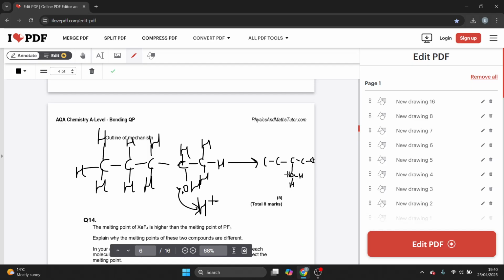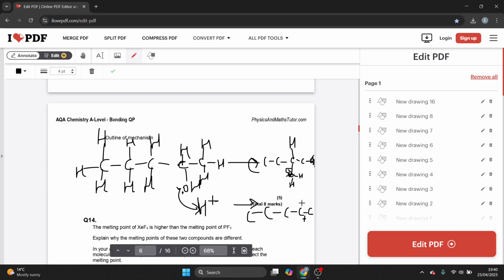Protonated means positively charged. And then you go from the middle of the C-O bond to the oxygen which is positively charged. Then that is a positively charged carbon.